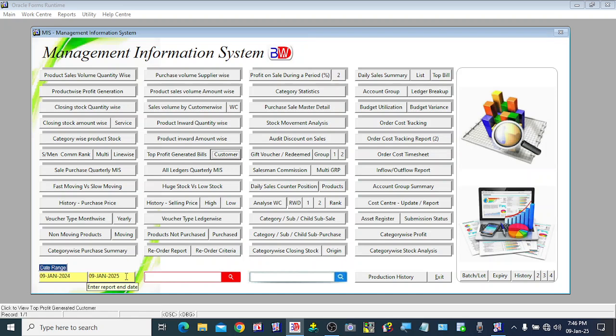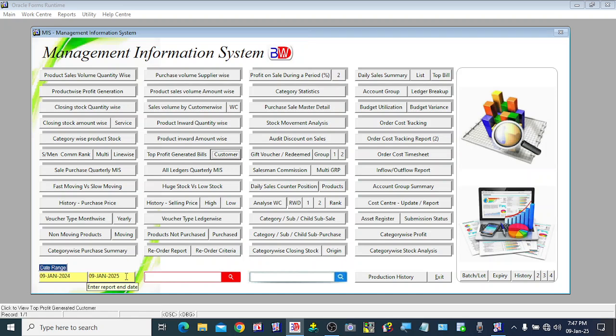There may be some old opening stock lying there in various products, and in your regular business days you may be buying some regular products based on the stock availability.